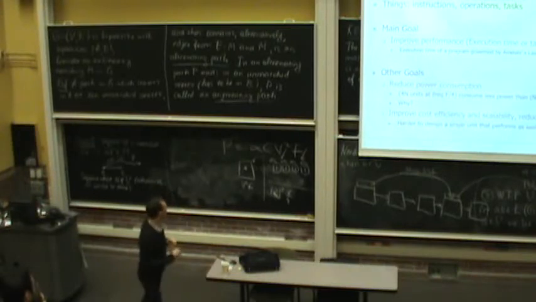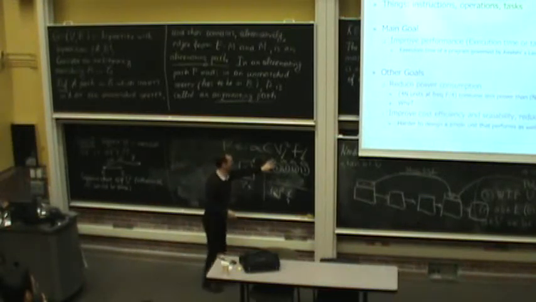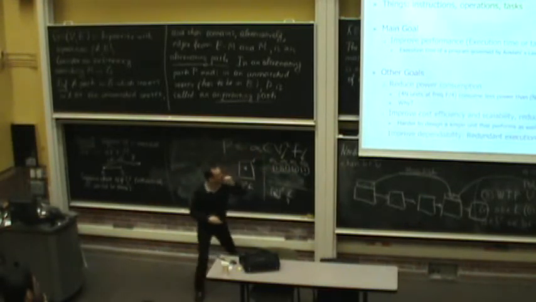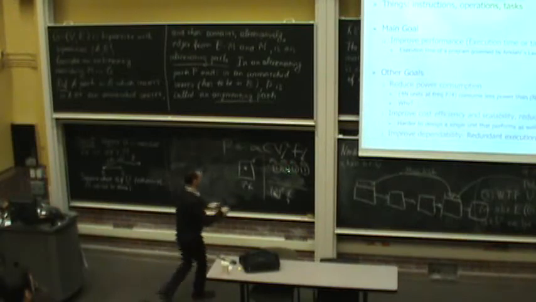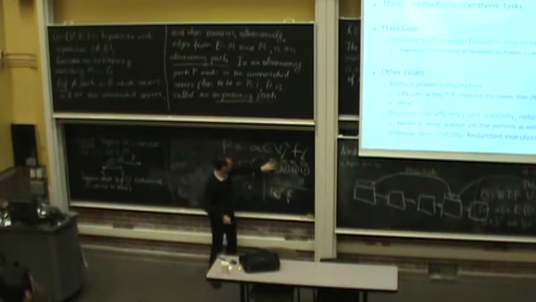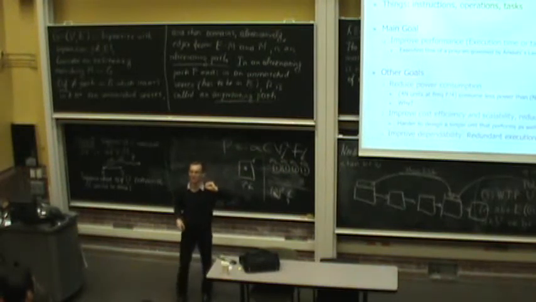Again, the issue is this all works nicely if you can parallelize nicely. And you can also improve dependability if you have more of these things, perhaps you couple some of them. Remember the dual modular redundancy that we talked about?